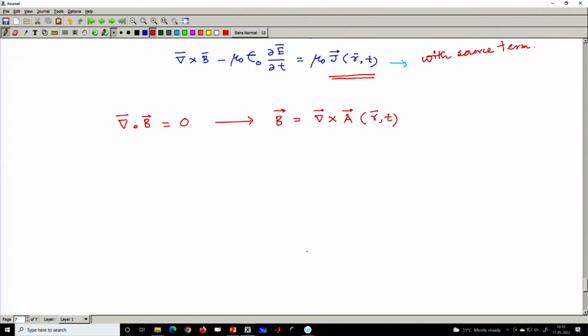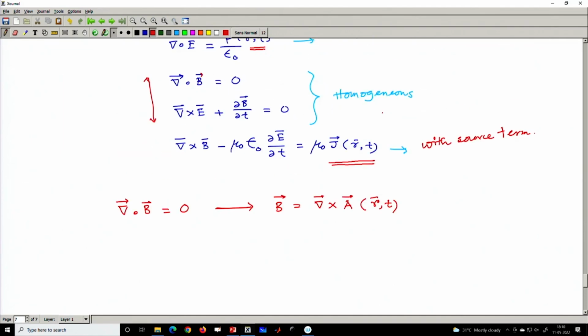The information we had, divergence of B equal to 0, I can transfer in terms of B equal to curl of A, where we have a liberty to choose A. We also discussed this part.